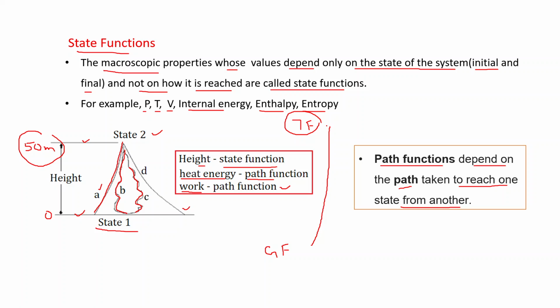But if you go by lift, work done is less, and if you go by stairs, work done will be large. That's why work is a path function, while the height of that building from ground floor to 7th floor is a state function. Is it clear?